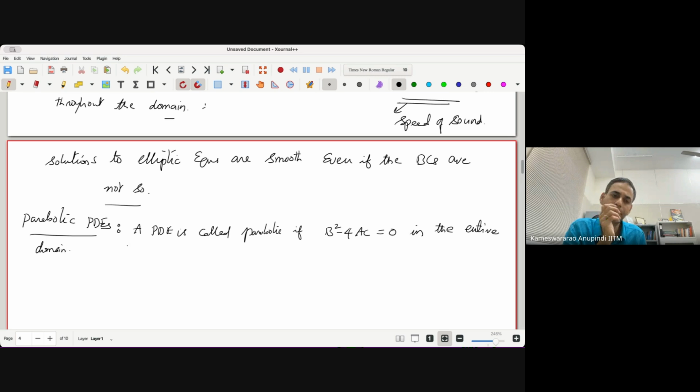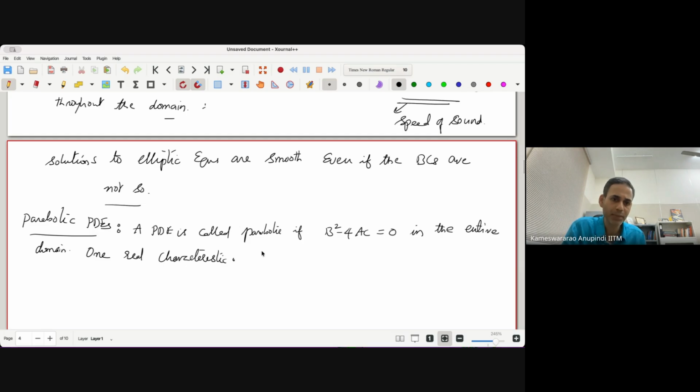Okay. And parabolic PDEs have one real characteristic, which is equal to b by 2a, right? Because b square minus 4ac is equal to 0, then minus b divided by 2a is the slope of the real characteristic, okay?